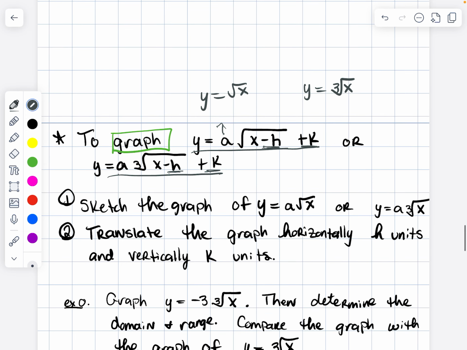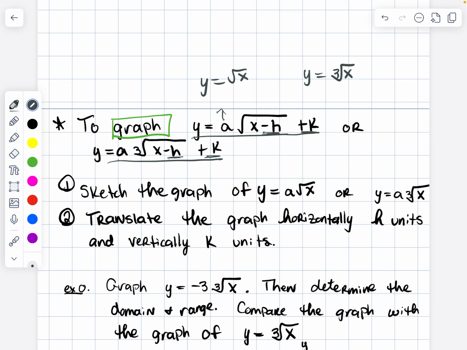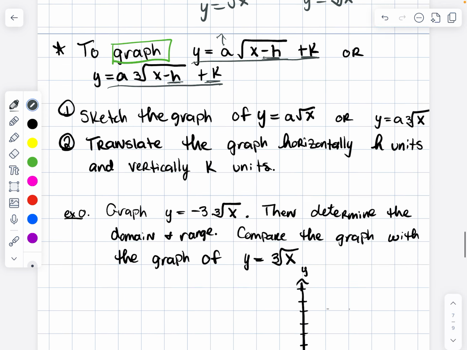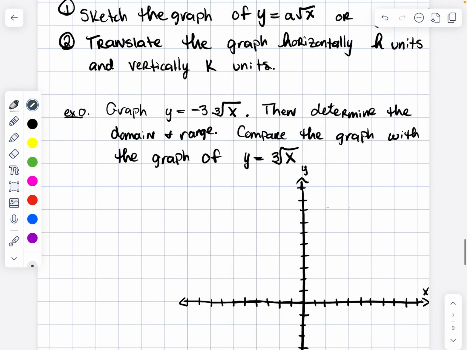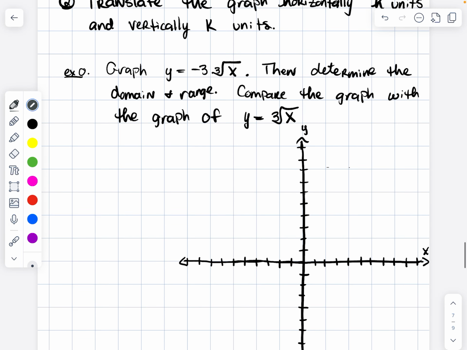Whenever we want to graph these, we want to start by sketching the graph of y equals a times the square root of x, or y equals a times the cube root of x. After we do that, we're going to translate horizontally by h units and then vertically by k units. But first, let's compare the cube root of x function with a being multiplied to it.